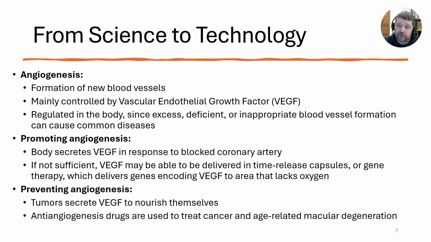Sometimes we want to prevent it, though, because when you develop cancerous tumors, they are stimulating VEGF because the tumor itself needs blood flow. It needs the nutrients. It needs the oxygen. Remember, tumor is just uncontrolled cell growth. And so it needs nutrients and oxygen, and needs to take waste products away so it can keep dividing.